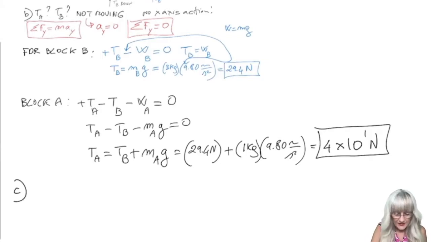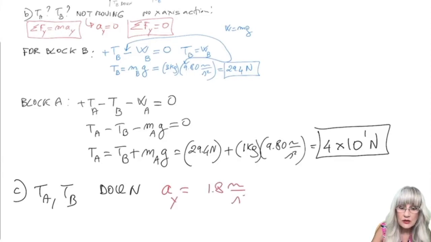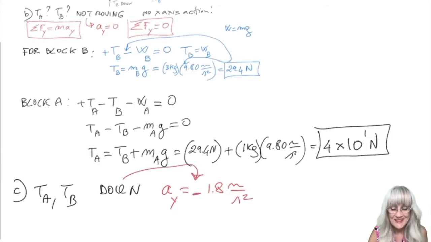This is when we want to find T of A and T of B, when it's moving down at, you remember, the acceleration of 1.80 meter per second squared, but the down I have to put as a negative.